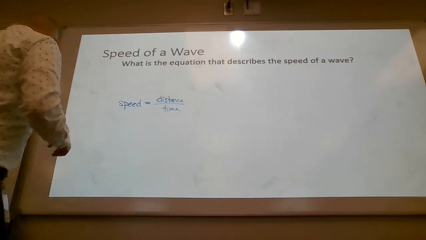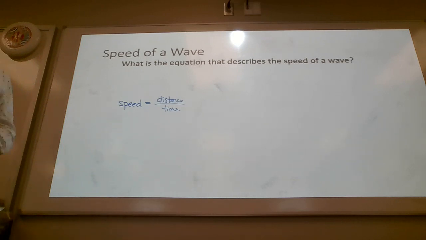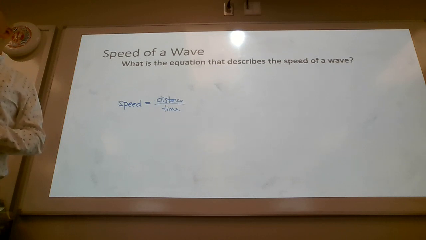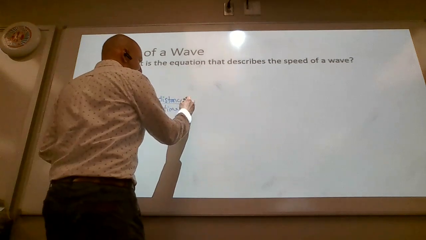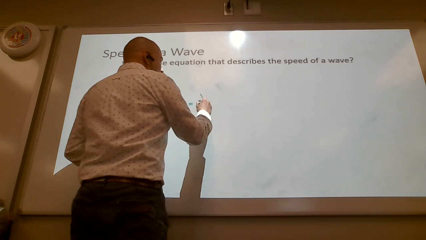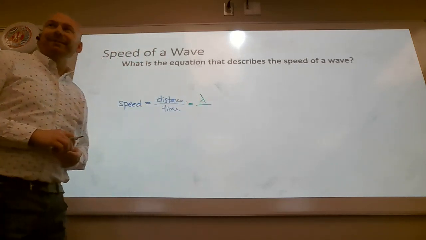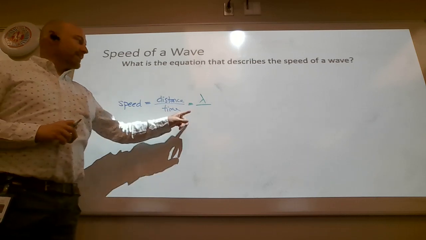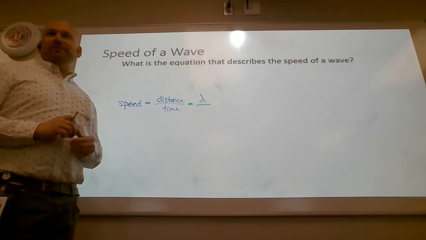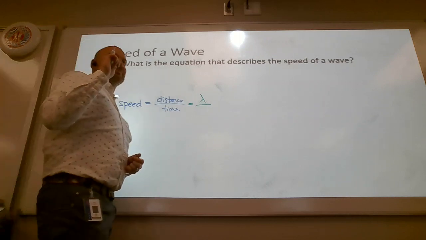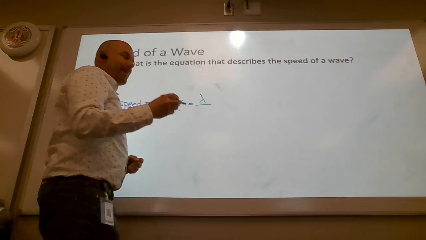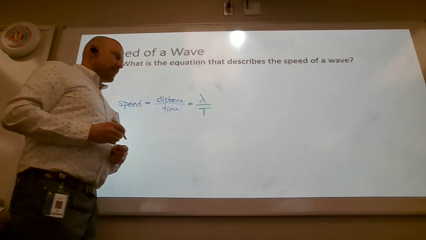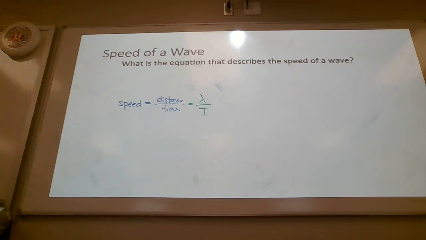Dealing with a wave, what is the distance or length that deals with a wave? Wavelength. So that is the length for one complete cycle. What is the time for one complete cycle? That's what we measure. That's the unit, but what's the name? The period. So wavelength over the period gives us the speed of a wave.